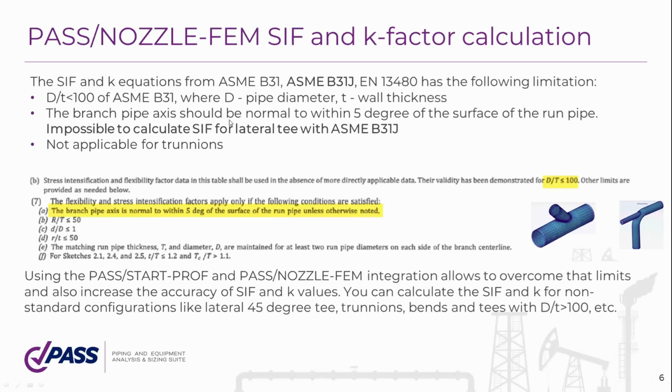The second limitation is that the T branch should be normal, within 5 degrees, to the surface of the run pipe. So you can't analyze lateral T's, only straight T's. Also, it is not applicable for trunnions. And there are some other limitations that you can see here. This is a screenshot from the ASME B31J.